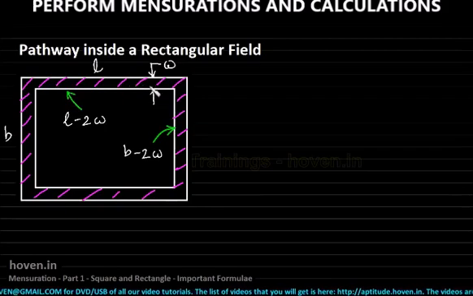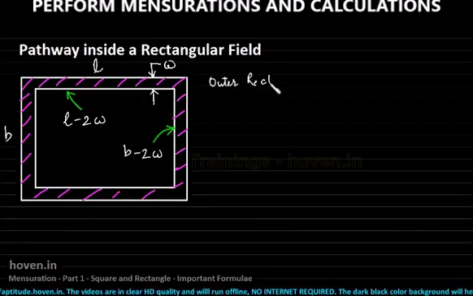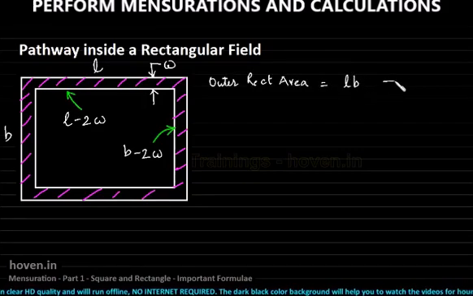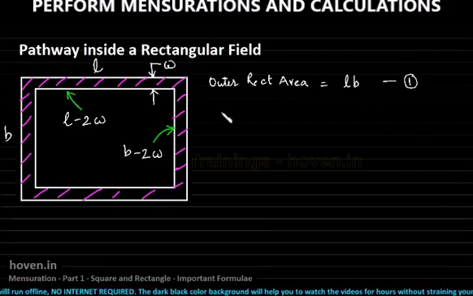To find out the area of the hatched or shaded portion, we will obtain the area of the outer field, then subtract the area of the inner field. We will be left with the area of the shaded portion. So we can write outer rectangle area is equal to L into B. We can mark it as item 1.